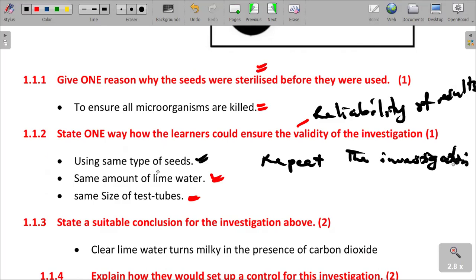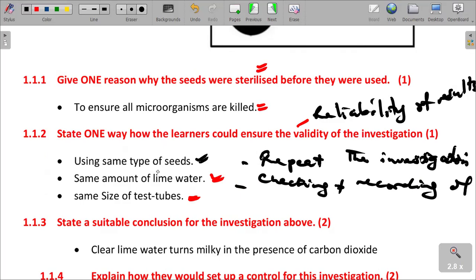Are we together here, class? Repeating the investigation can also be one way of improving reliability of results. We can also ensure that the checking and recording of results is done by one person.